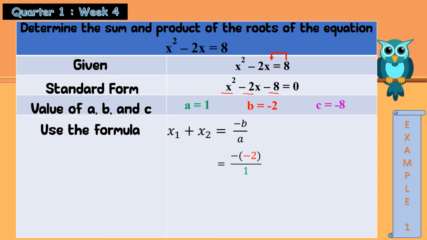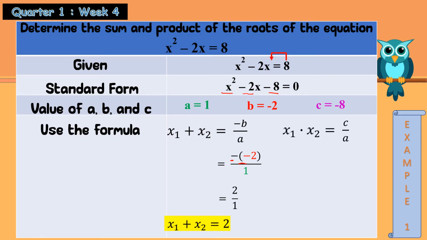So let us simplify. Negative times negative 2, we have here positive 2 divided by 1. And then when we simplify, we have here our answer, which is equal to positive 2. So the sum of the roots of the given equation is equal to 2.